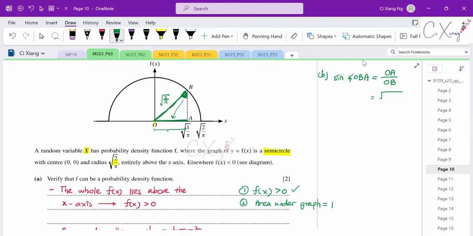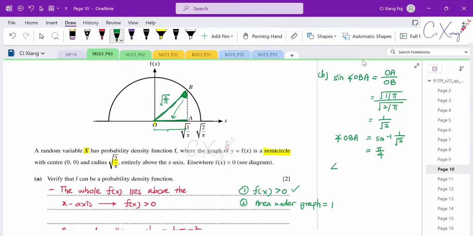Like what I showed you just now, OA is square root 1 over pi, and OB is square root 2 over pi. When you simplify the term here, you get 1 over square root 2. So to get the angle OBA, it is sine inverse of 1 over square root 2, and therefore you get pi over 4, which is 45 degrees.